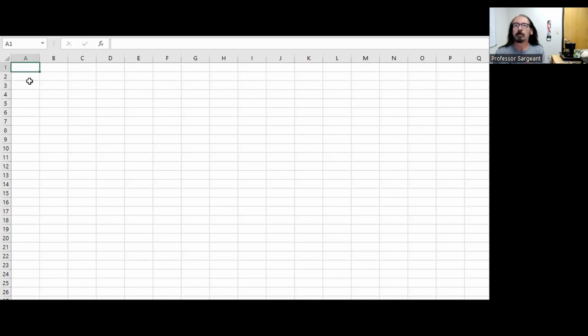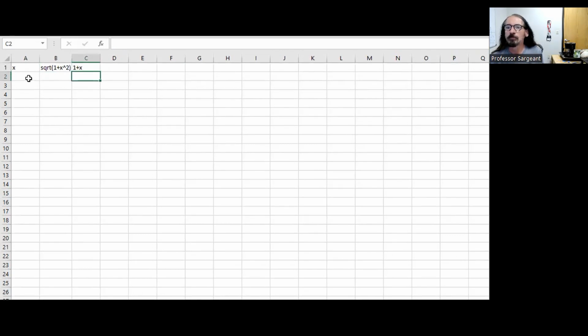I'm going to make column 1 be about x, column 2 be about what we really need, the square root of 1 plus x squared, and compare that against 1 plus x. There we go.